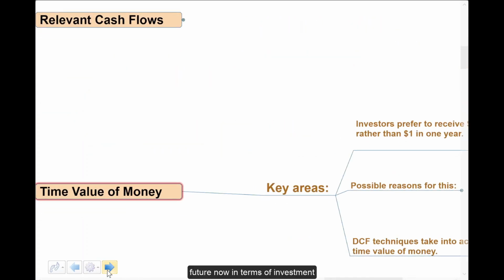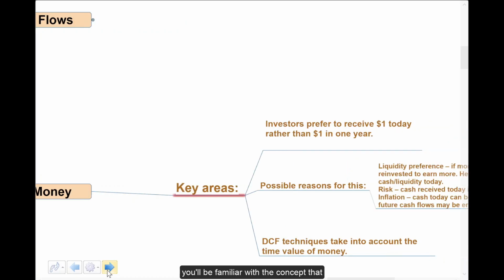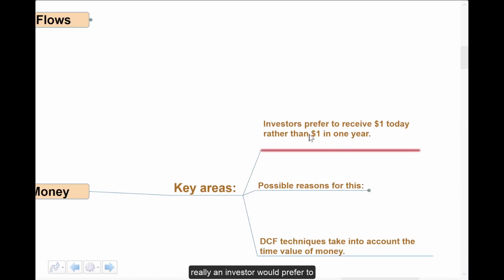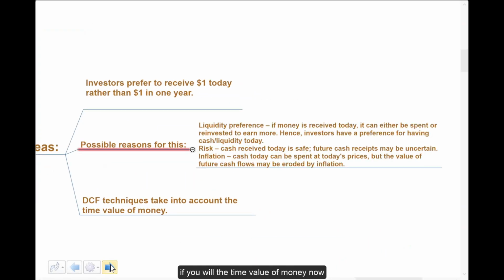Now, in terms of investment appraisal and the time value of money, you'll be familiar with the concept that an investor would prefer to receive $1 today than $1 in 1 year, simply because of the time value of money.